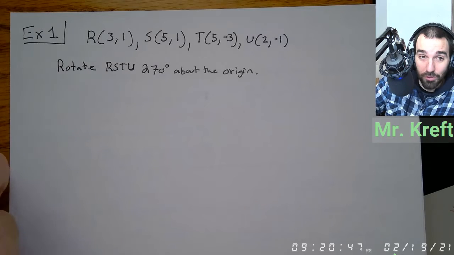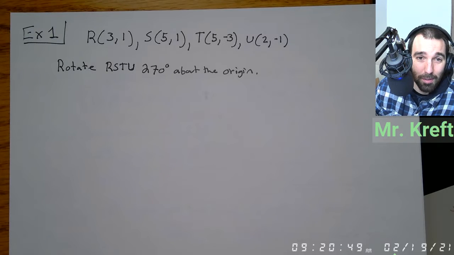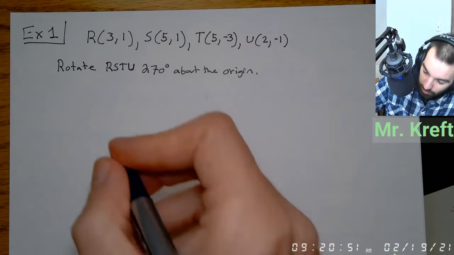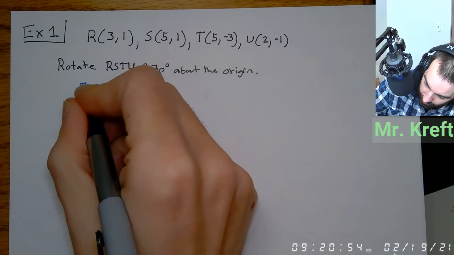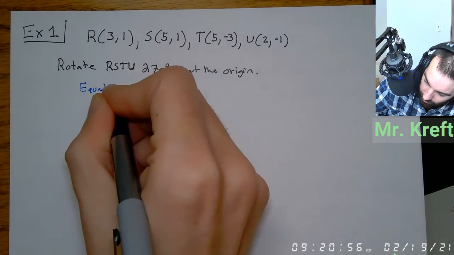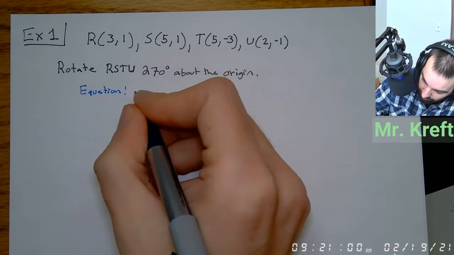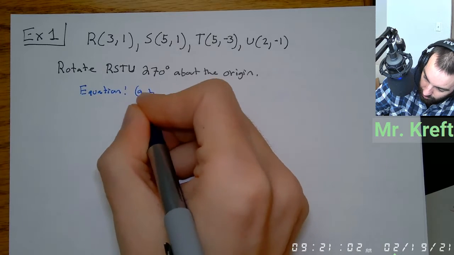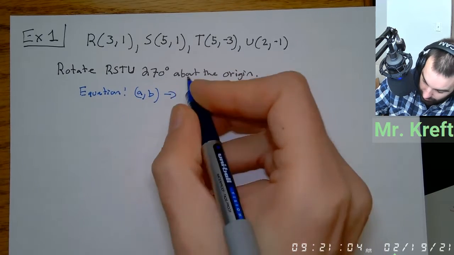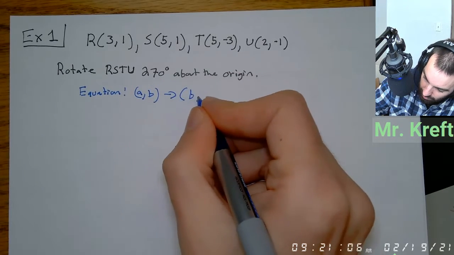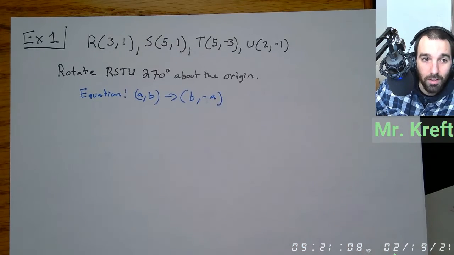The first thing I'm going to do is look up that equation. For 270, I take all my points (A, B), and they become (B, negative A).